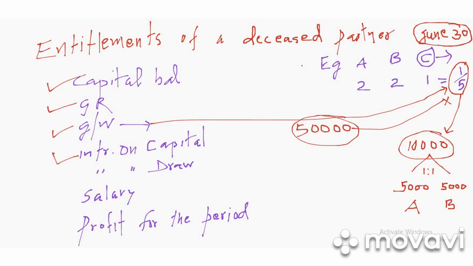He was very much part of the business in the months of April, May, June, 3 months. He worked in the partnership business for 3 months. So for 3 months he has to be given his share of interest on capital.